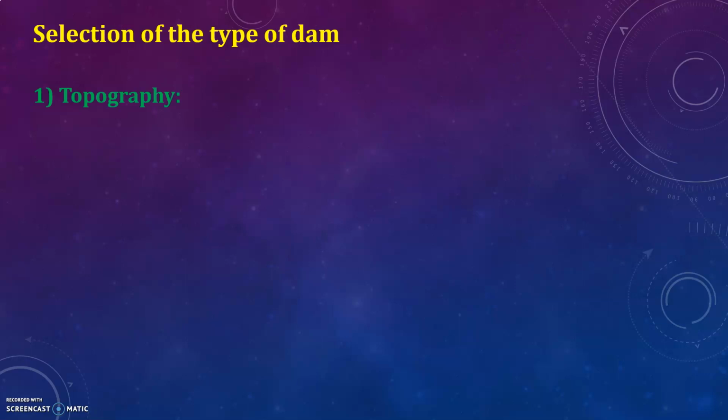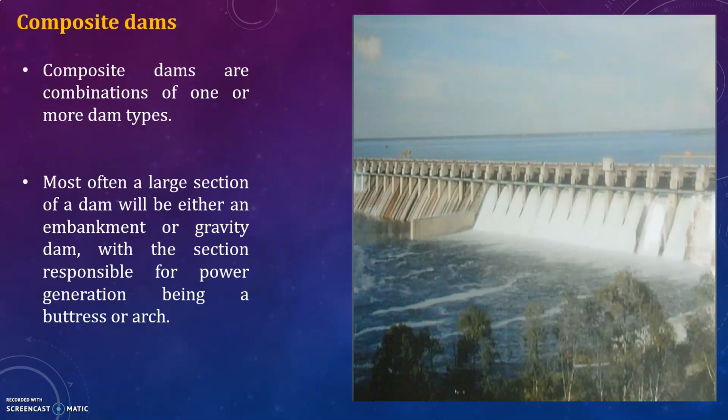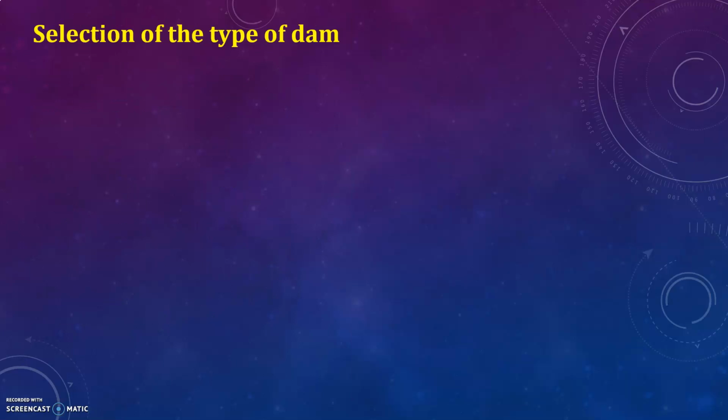The selection of the type of the dam at a given site depends upon many physical factors, such as topography, geological and foundation conditions, available materials, suitable site for spillway, data about earthquakes, etc.